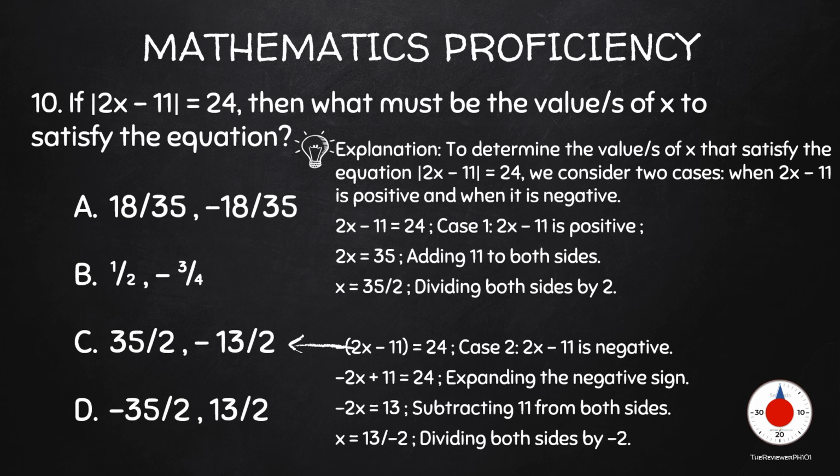Case 2, 2x minus 11 is negative: negative 2x plus 11 is equal to 24, multiplying by negative and expanding the negative sign. Negative 2x equals 13, subtracting 11 from both sides. x equals negative 13 divided by 2, dividing both sides by negative 2.